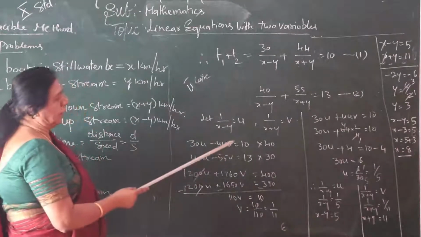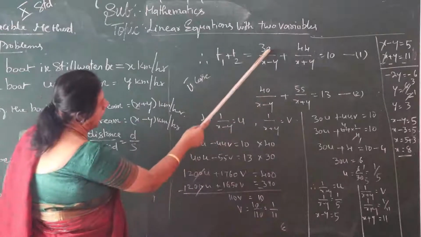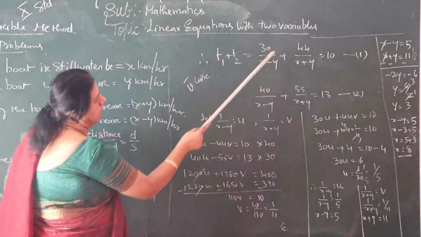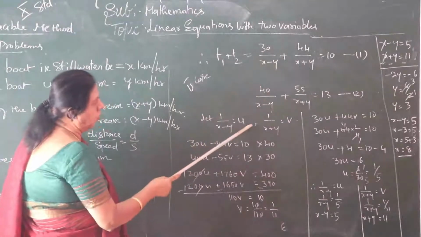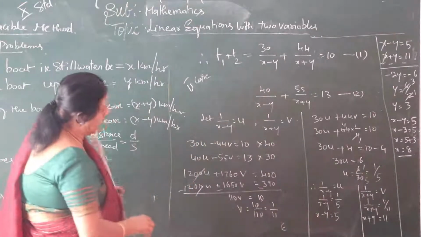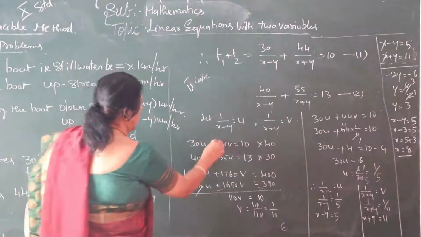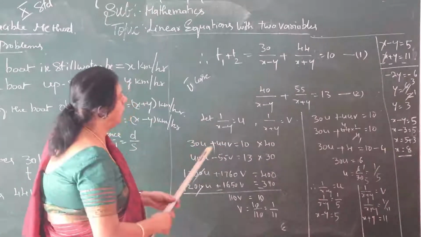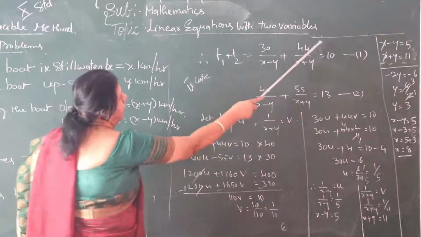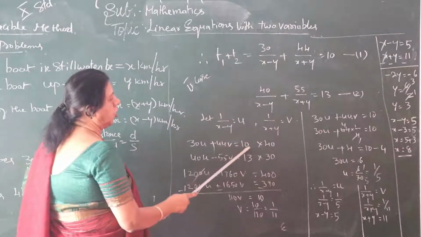Now do the equation: 30 u, since 30 times 1 by x minus y is u. Plus 44 v, since 44 times 1 by x plus y is v. 44 v is equal to 10.